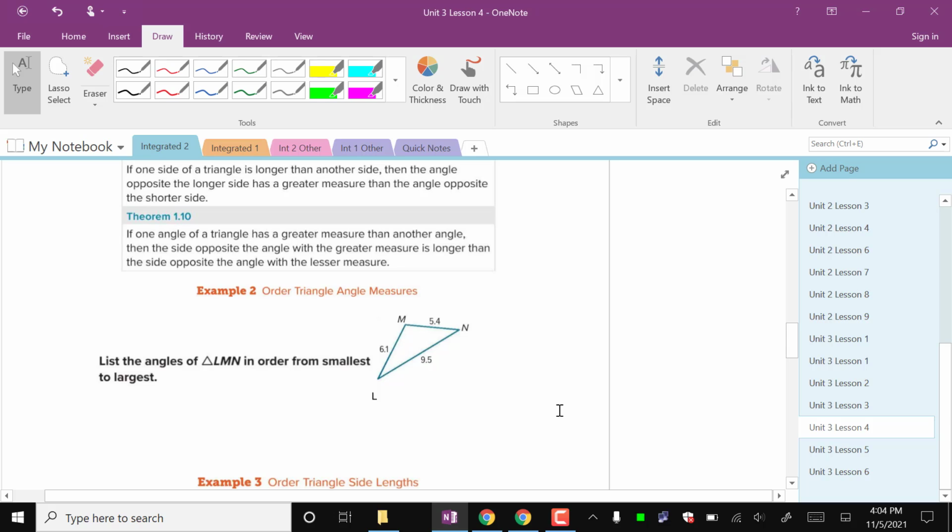So example 2, we want to order the triangle angle measures. List the angles of triangle LMN in order from smallest to largest. So the largest side of this triangle right here is LN. The shortest side is MN. Then LM is the middle.